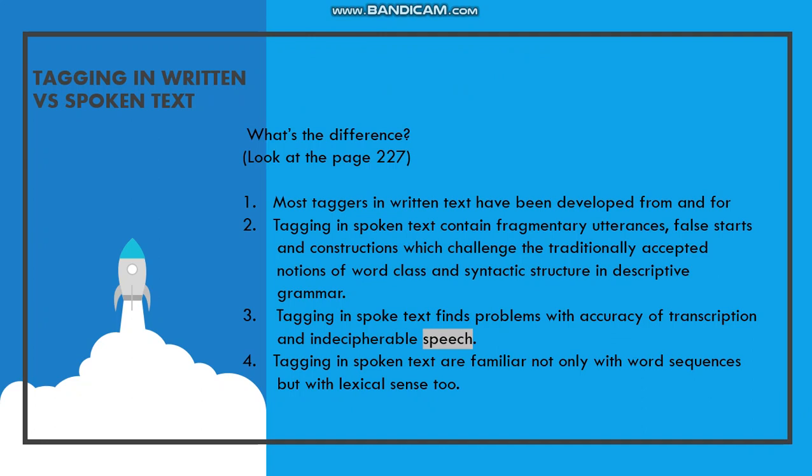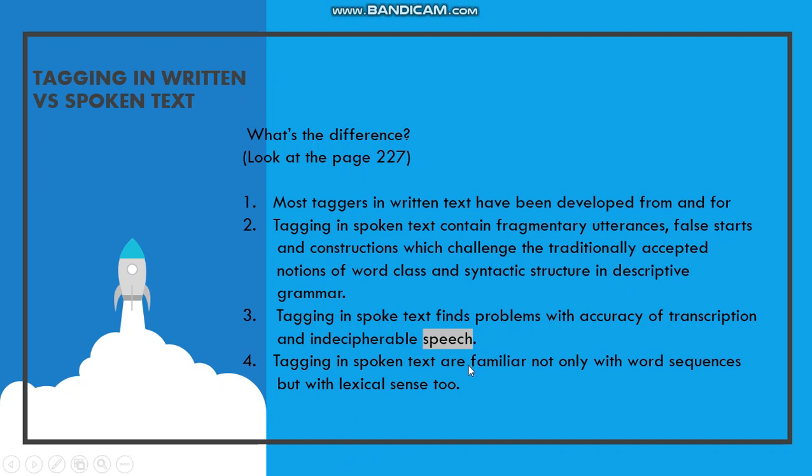Tagging in the spoken form is not going to be stable because it has fragmentary utterances, false starts, and constructions which challenge the traditionally accepted notions of word class, syntactic structure and descriptive grammar. And sometimes tagging in spoken language is difficult because of the problem of inaccuracy of the transcriptions.